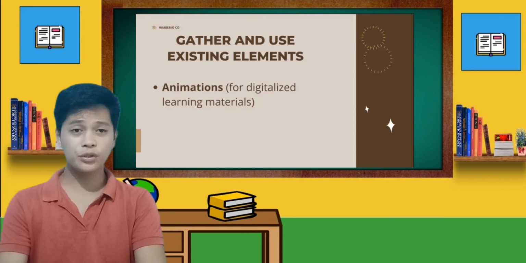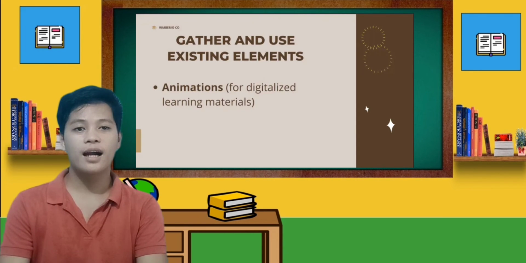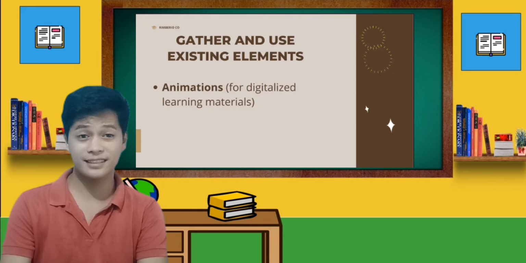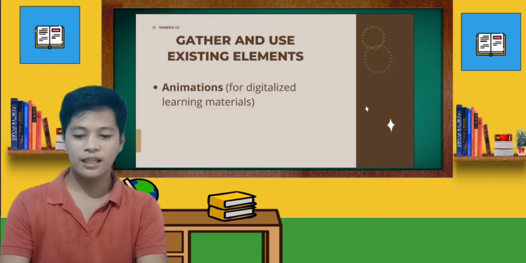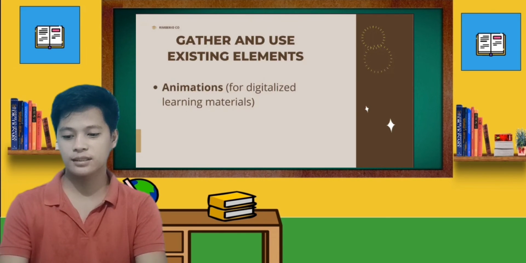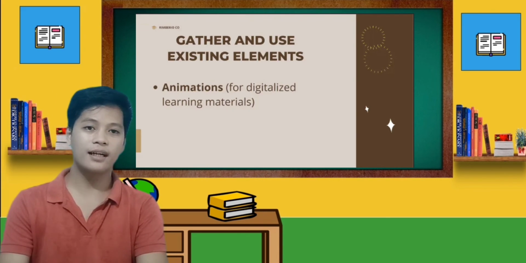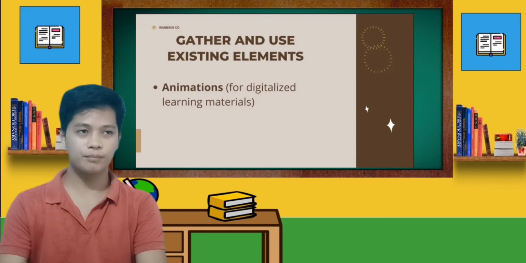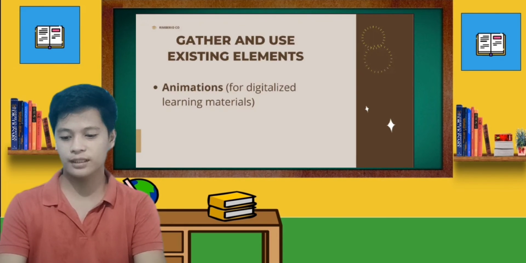So we should use the proper animation, not too fancy, just enough to gain the attention of the students and learners, especially elementary students. They love animated images, but not too fancy, just like I said.